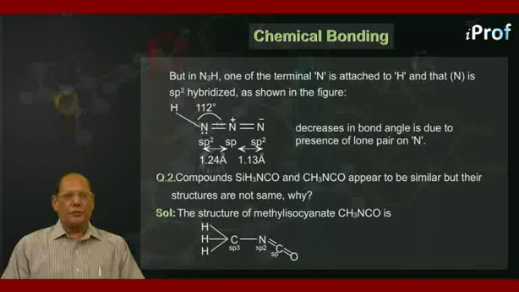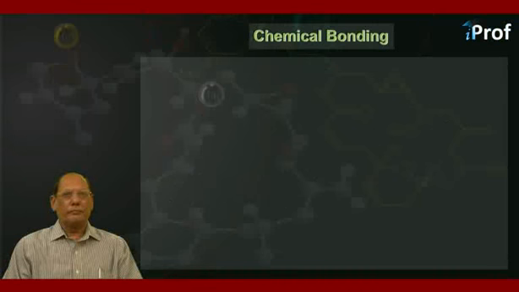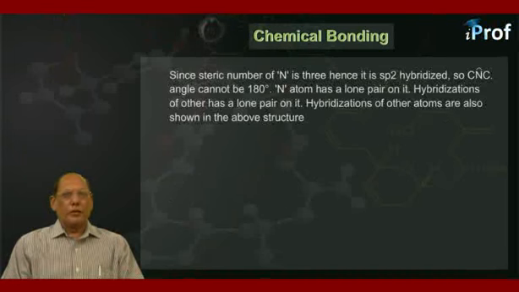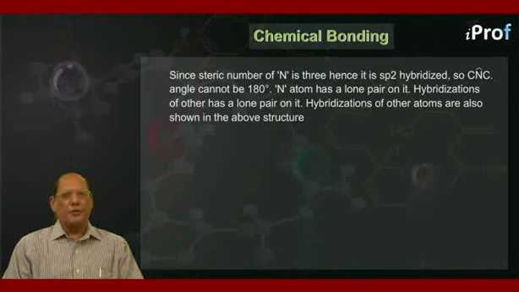We see that the steric number of nitrogen is 3, hence it is sp2 hybridized. So, the C-N-C angle cannot be 180 degrees. The nitrogen atom has a lone pair on it. Hybridization of other atoms is also shown in the above structure.